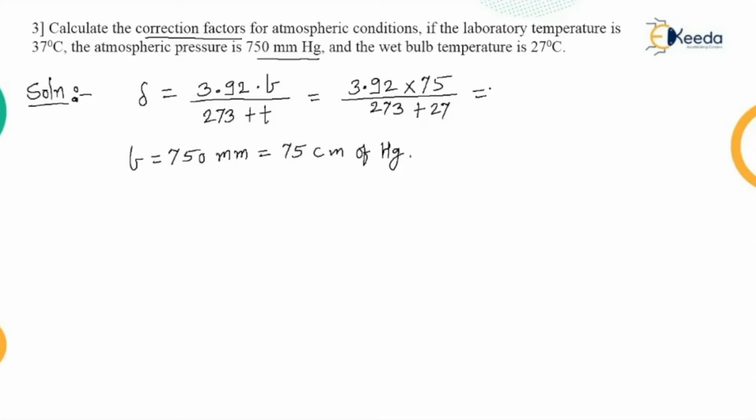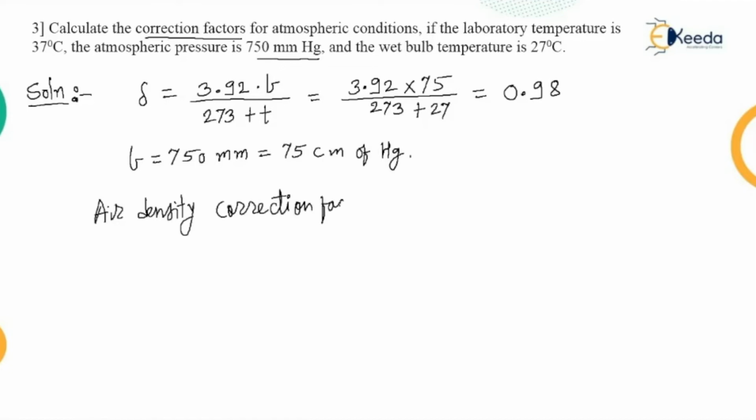The value which we get after doing the calculation, let us use the calculator again: 3.92 multiplied by 75 divided by 273 plus 27. The delta correction factor is 0.98. So this is called the air density correction factor.